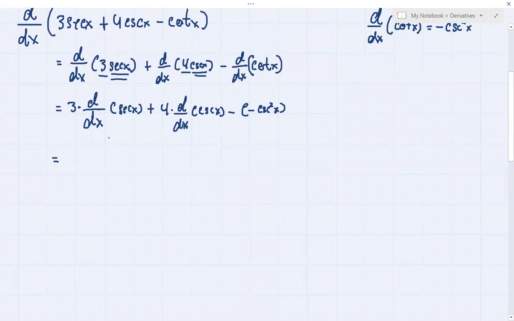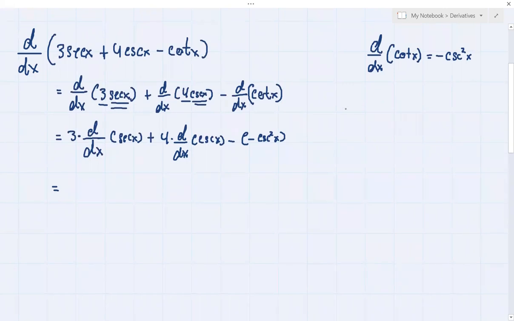So in here, 3 times the derivative of secant x. So recall natin na ang derivative ng secant x is equal to secant x times tangent x. So therefore, we will have 3 times secant x times tangent x.